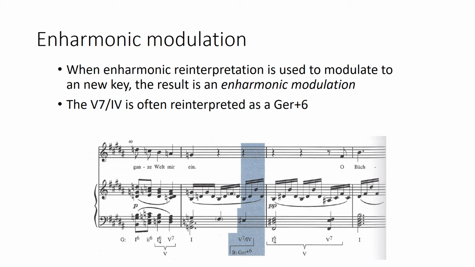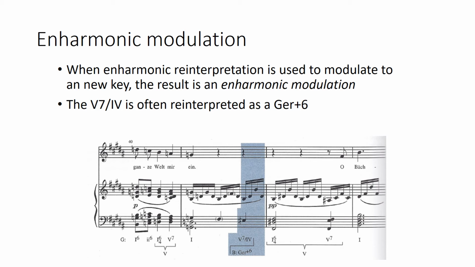So whenever we use enharmonic reinterpretation to modulate to a new key, then we'll call that an enharmonic modulation. And a common one is to use the 5, 7 of 4 as a German sixth, but any dominant seventh could be reinterpreted as a German sixth. So this example here actually uses the same chord progression we just saw.